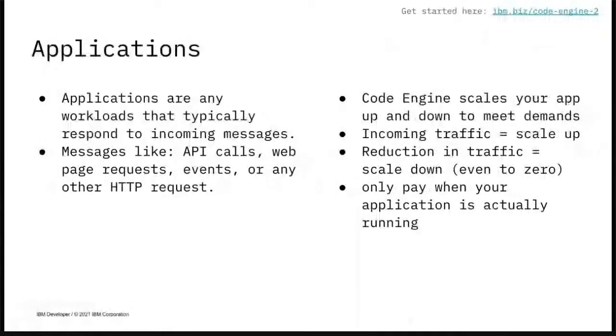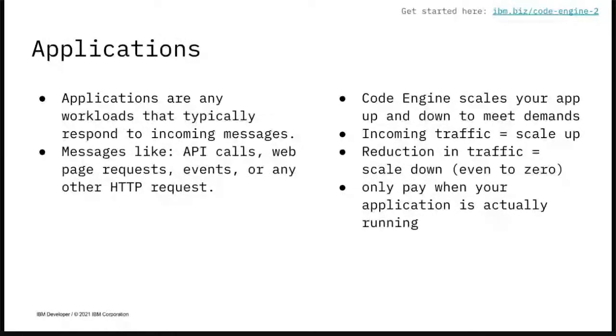When we're talking about applications, applications are just any workloads that typically respond to incoming messages or requests. Whether those messages are API calls, web page requests, events, or any other HTTP requests, applications process those messages.